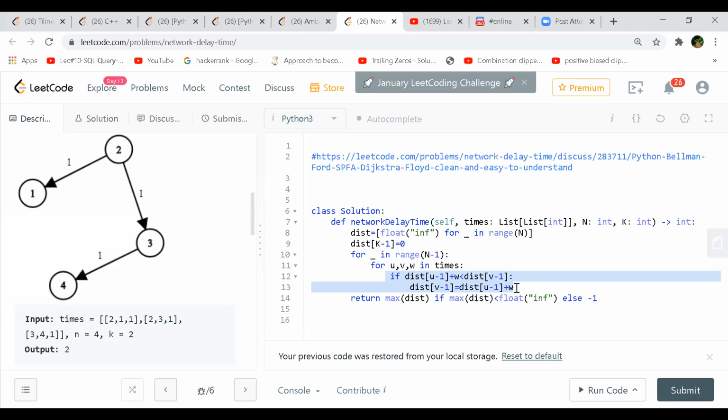Here you do all these things on the inside for loop for each and every node. You don't have to do it actually. You just pick up whichever node has the current least value, do the relaxation for that node, and then move to the next one. And then max of distance I'm returning if the distance is less than this.